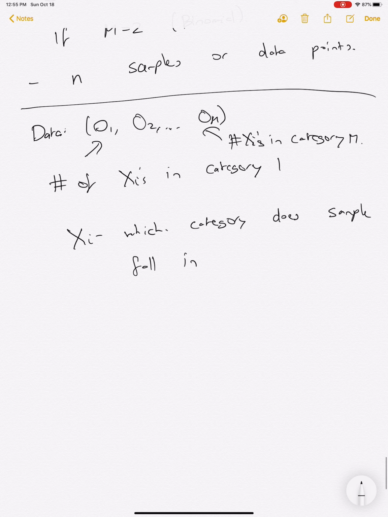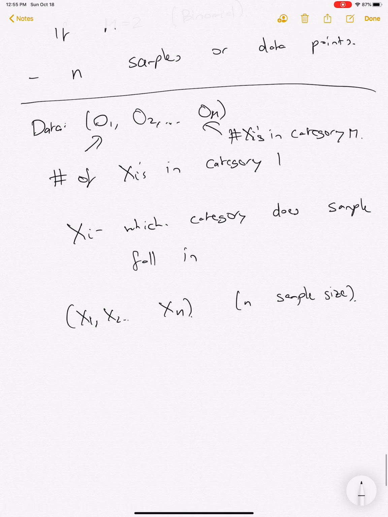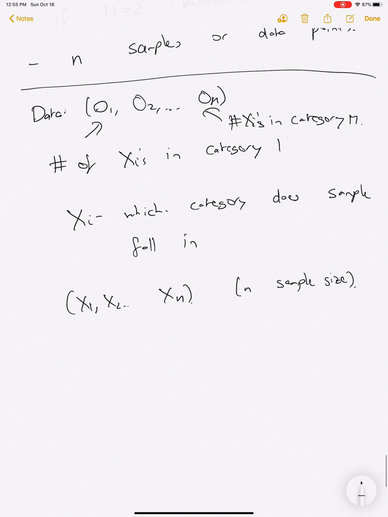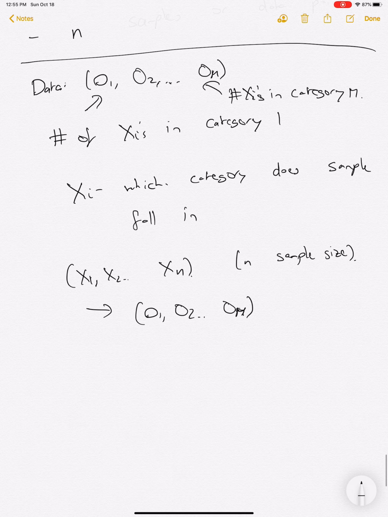You basically start with x1, x2 up to xn, where n is the sample size that we're used to seeing, and this gets converted into O1, O2 up to OM, the number of observations in each category.